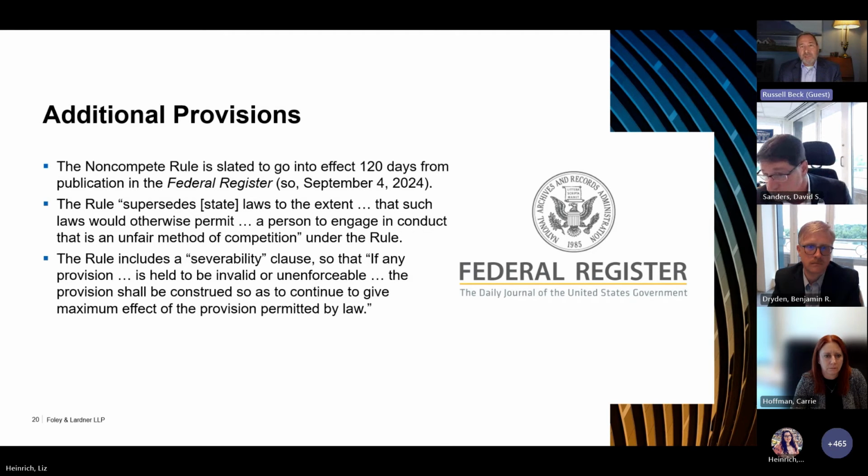As I mentioned, the rule goes into effect on September 4th. It supersedes all state laws that would otherwise permit a person to engage in conduct that is an unfair method of competition under the rule.